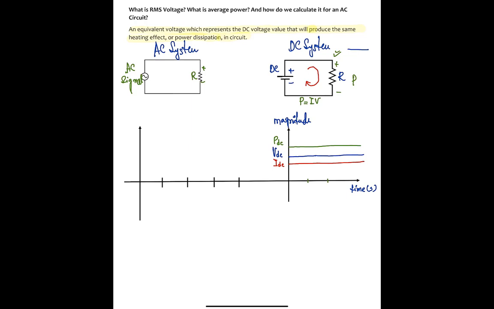But the problem here is the AC signal is sinusoidal in nature, which means it's basically swinging. You have the positive half wave, then you have the, I'm actually going to change the color here, so this is my AC voltage for positive half wave, and then you have the negative half wave here.